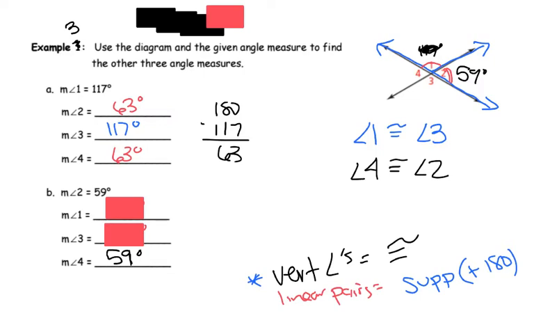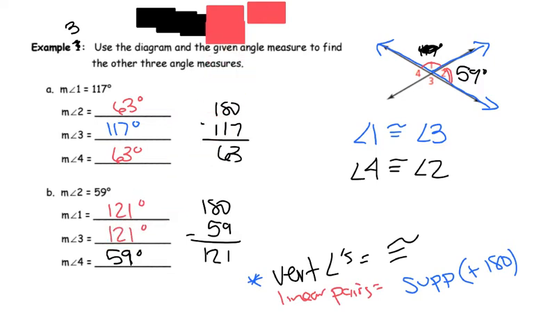So to find that answer, all I have to do is say 180 minus angle 2, which is 59, gives me a grand total of 121. So angle 1 is 121 degrees. Well, angle 1 and angle 3 are vertical angles, so they have to be the same. So then angle 3 has to also be 121 degrees.